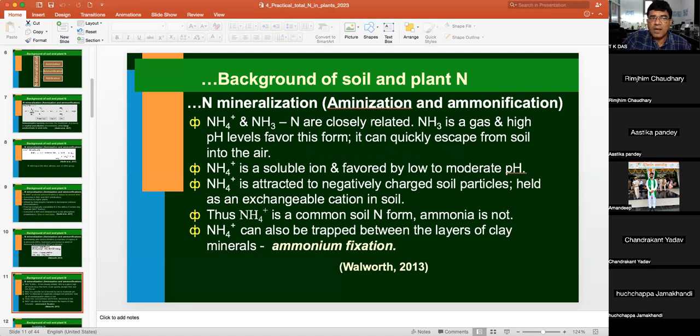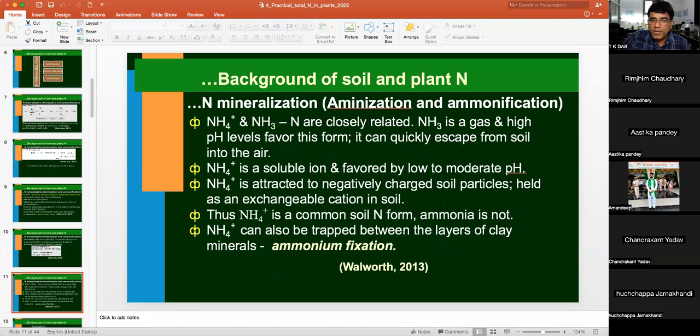Ammonia is a gas, and high pH levels favor this form. It is formed at high pH and it can quickly escape from the soil into the air. Ammonium is a soluble ion and is favored by low or moderate pH. So if your pH is low or moderate, then this ammonia will not escape. It will remain in the form of ammonium.